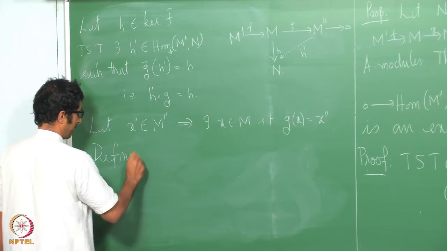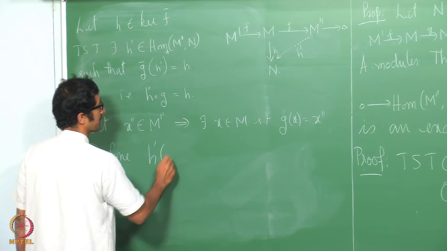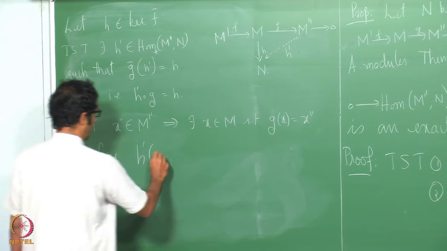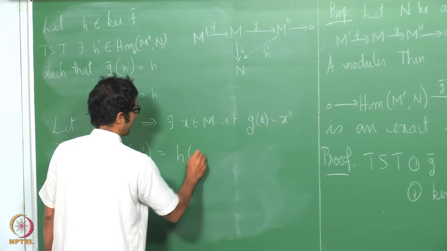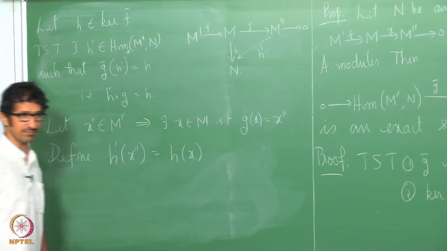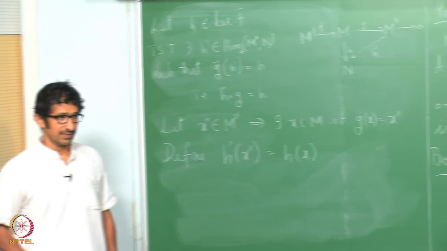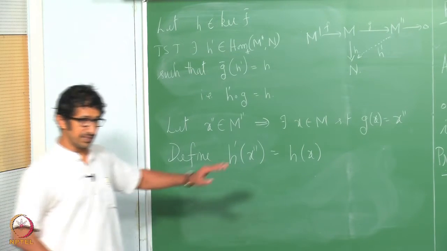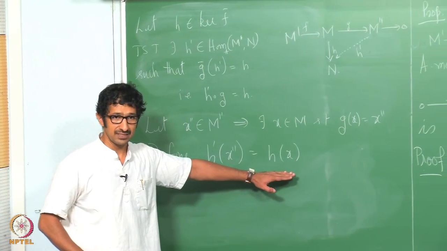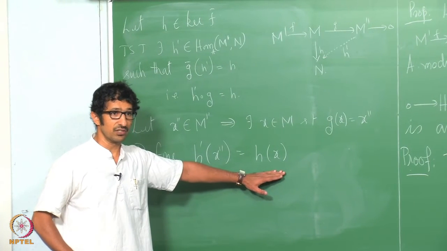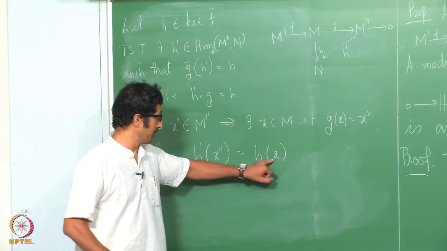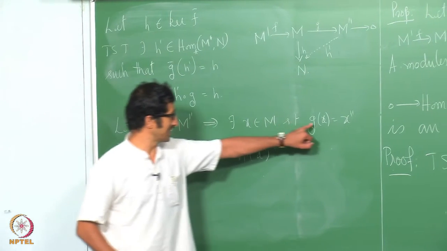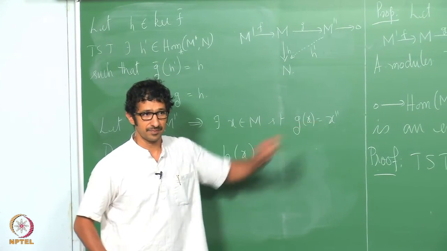Define h prime of x double prime to be equal to h of x. With this definition, at the moment this is not well defined, because there could be many x that satisfy this property.